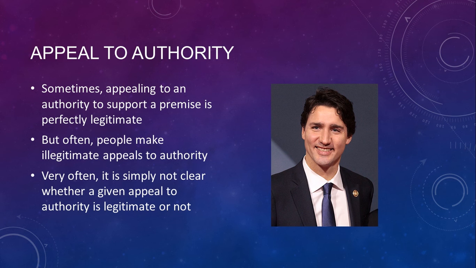So our job is to sort out what makes an appeal to authority legitimate or illegitimate. I'm sorry that the names of these fallacies are confusing, in the sense that if I say the fallacy appeal to authority, that means you've made an error. But if I say you appealed to authority, that doesn't mean you necessarily committed the fallacy, because sometimes it's legitimate to appeal to authority.